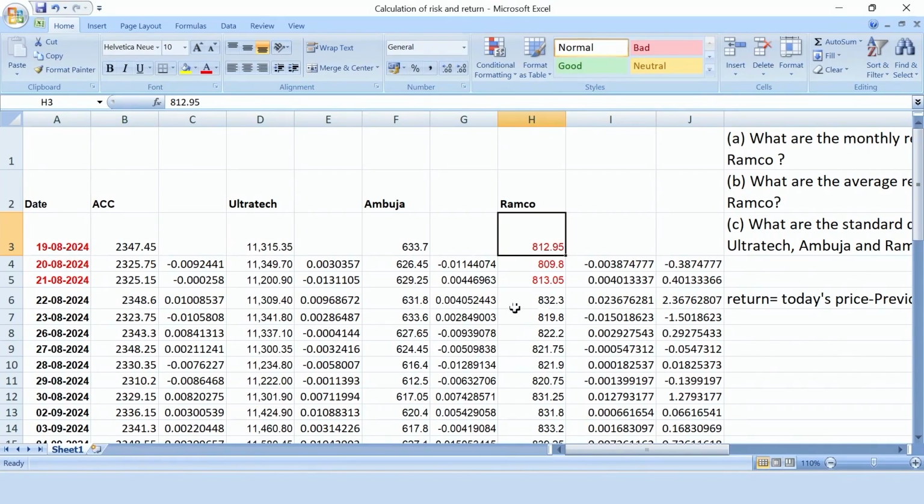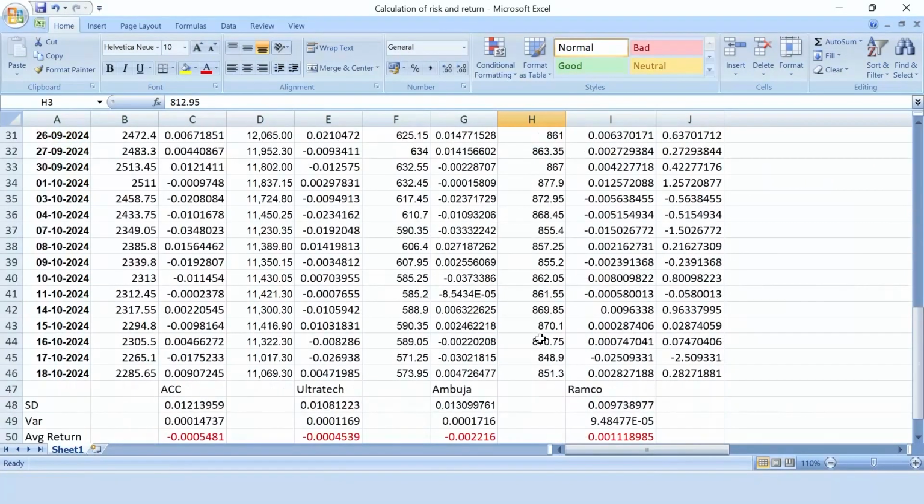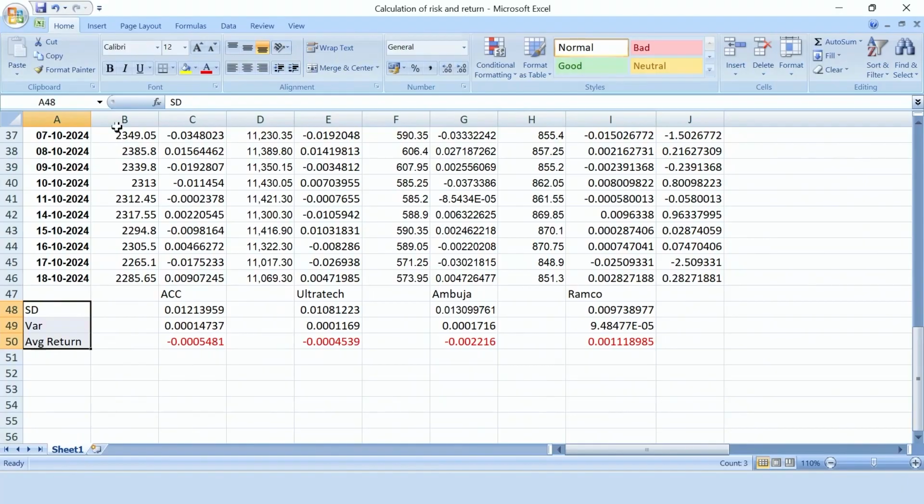But while selecting a particular company, the investor needs to focus on these three things: standard deviation, variance, and average return. The average return in case of the three companies is negative, but only Ramco is having a positive return.